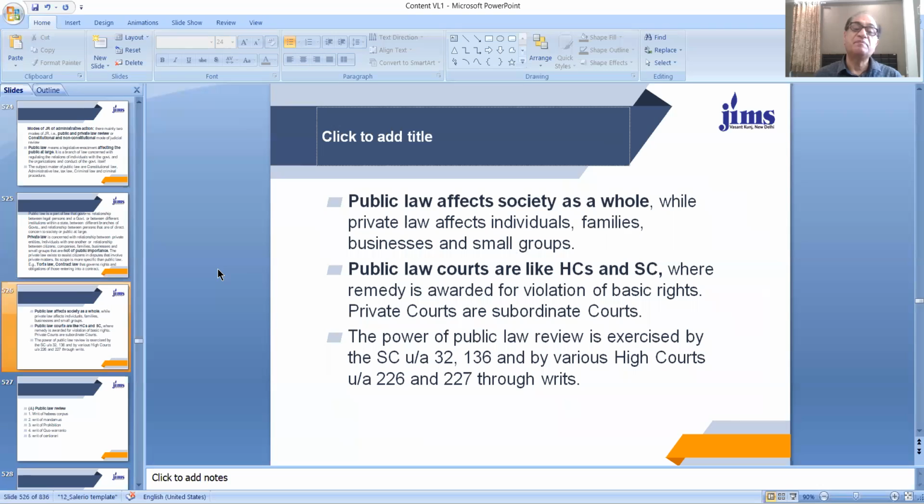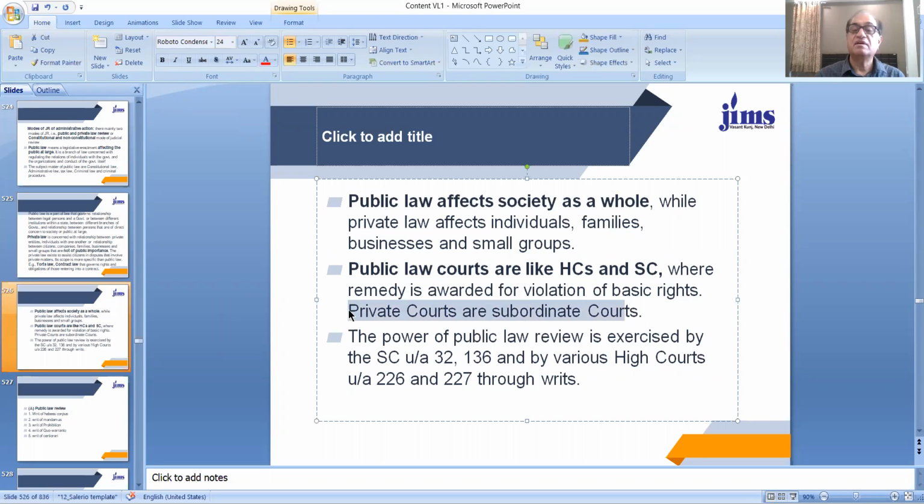And dear students, public law courts are like high courts of our country and Supreme Court, where remedy is awarded for violation of basic rights, whereas private courts are subordinate courts. I will highlight this portion.